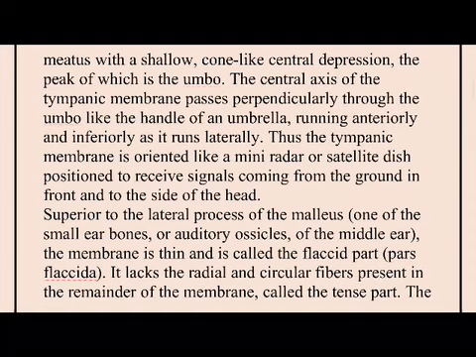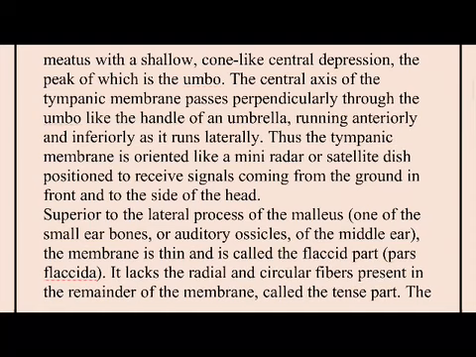Superior to the lateral process of the malleus, which is one of the small ear bones or auditory ossicles of the middle ear, the tympanic membrane is thin and is called the flaccid part, the pars flaccida.